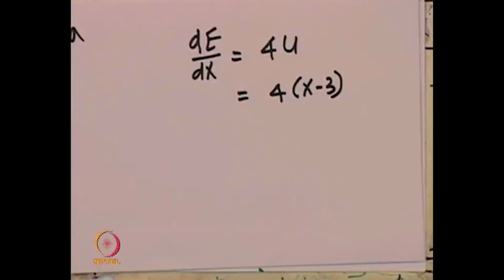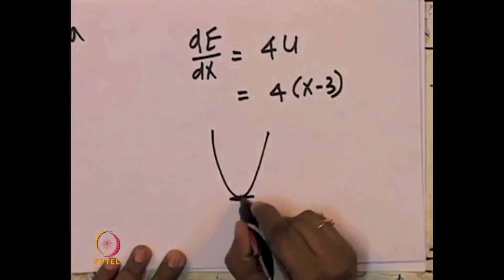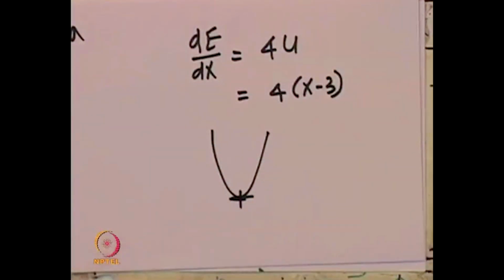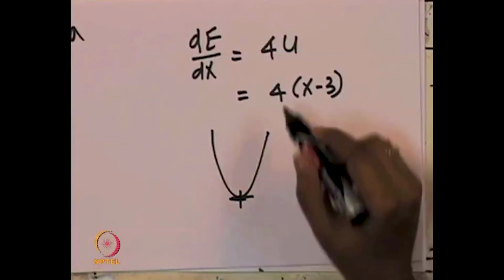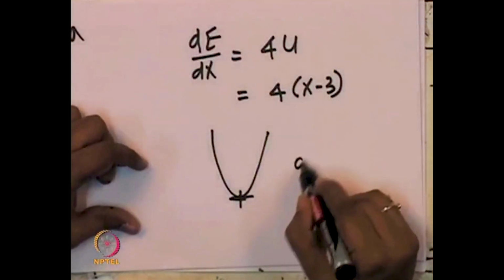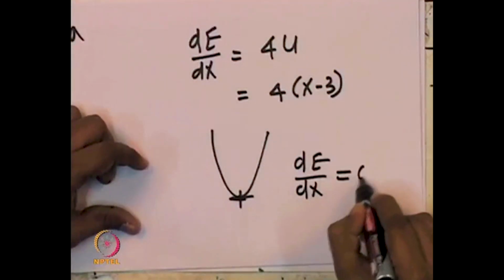And we learned that we want to find the point where the function is at a minimum, and at this particular point the derivative has to be 0. So we equate this derivative equal to 0. At this point dE by dx has to be 0.